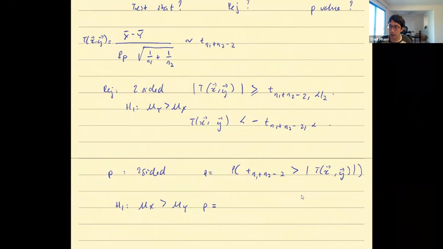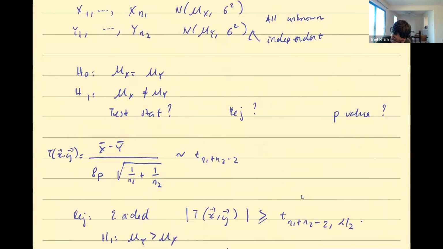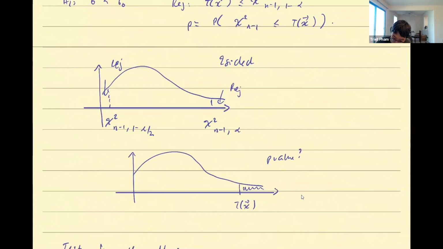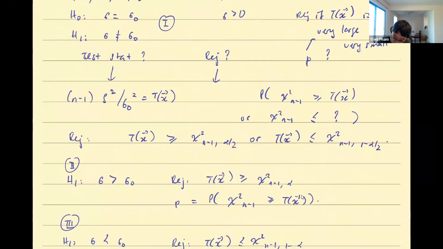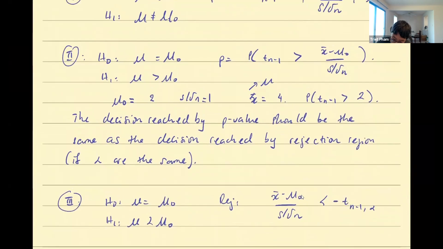Oh, you know what? I think I kept making a mistake. I'm really terrible. There's a 2 here for the p-value for the two-sided. I think I got that mistake in my code as well. There's a 2 here because it's two-sided. In here, what's my p-value?